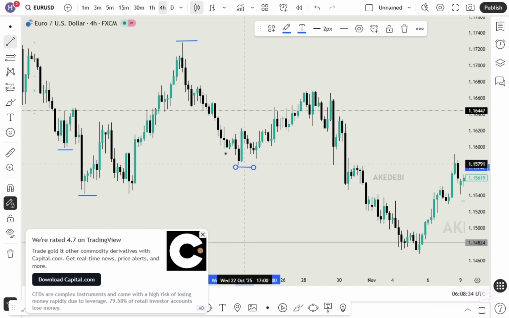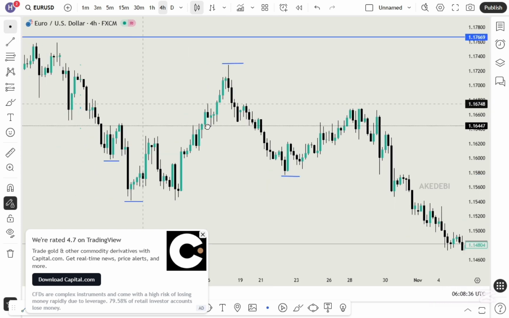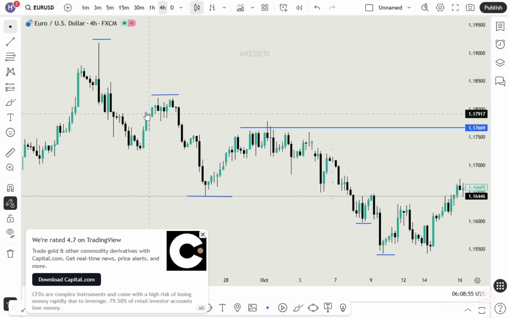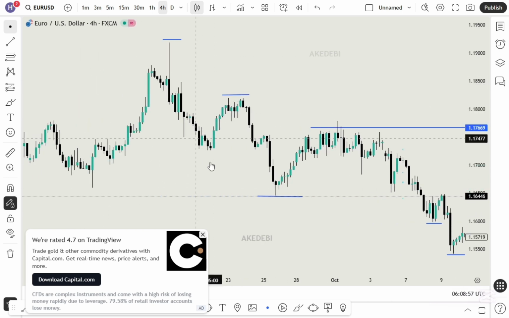Now let's go back and explain it properly. This is my buy stop liquidity. If the market rallies up and takes out this buy stop, that means this buy stop liquidity has been swept out. And this one is a sell stop liquidity.